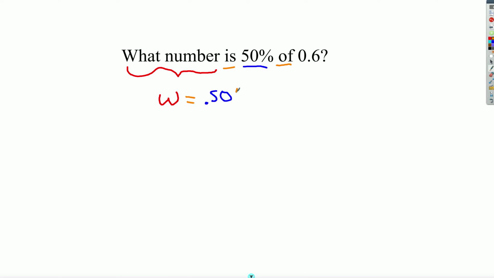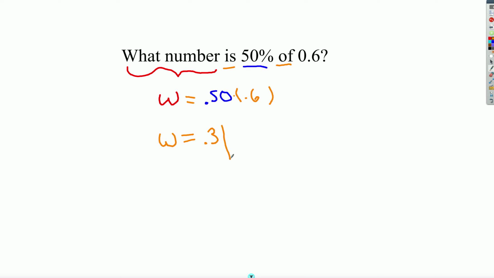It looks like a variable, so I'm just going to say I'm going to multiply by 0.6. So here I have what number is 50% of 0.6. So of means multiply. So here I can tell my variable's already alone. All I need to do is take 0.5 times 0.6. So I'm going to do 0.5 times 0.6, and I get 0.3.